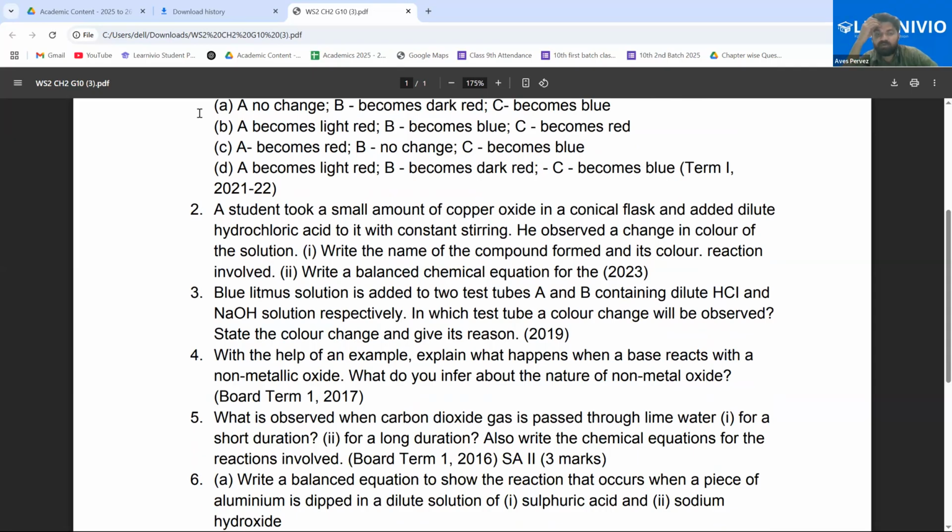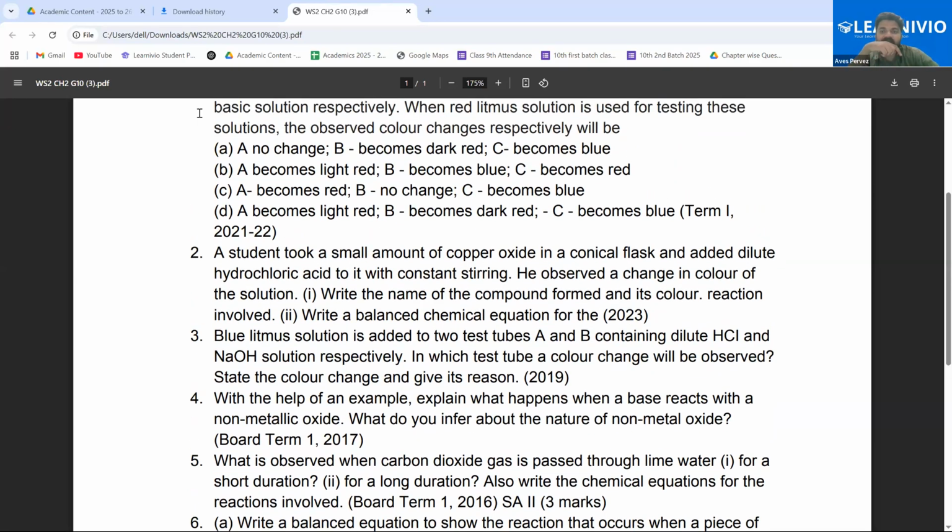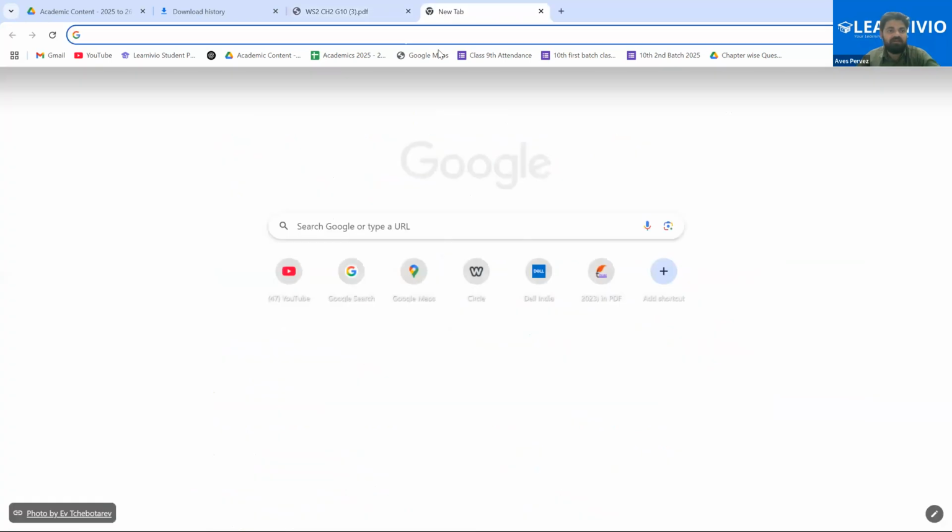A student took a small amount of copper oxide in a conical flask and added dilute hydrochloric acid to it. He observed a change in the color of the solution. Let me explain. The color of copper oxide is black.